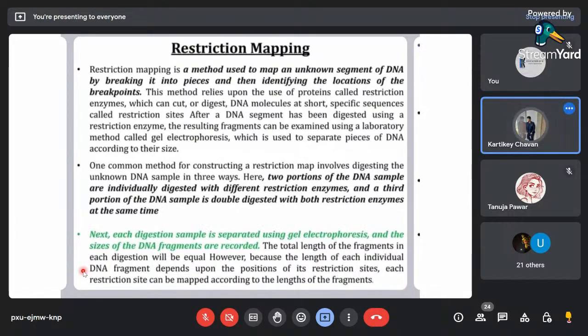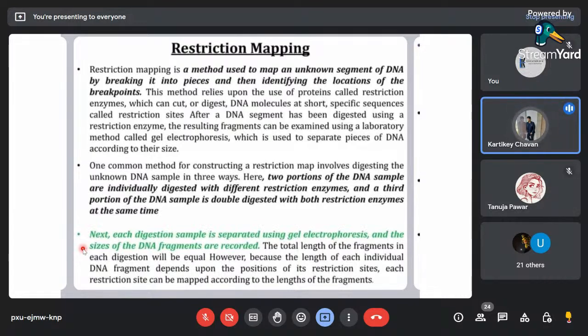Next, each digested sample is separated using gel electrophoresis, and the sizes of the DNA fragments are recorded. As soon as the fragments are separated, we can record their sizes, in kilodaltons, obtained by gel electrophoresis.